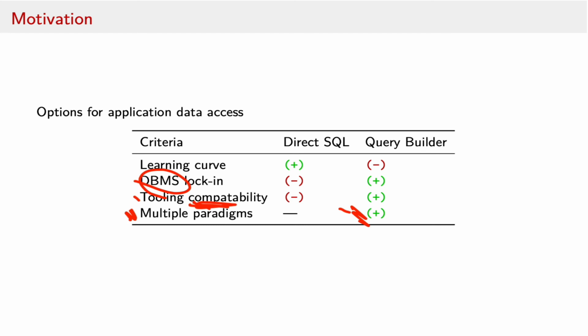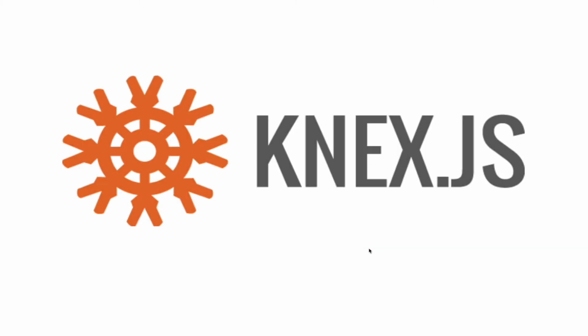You're going to have a lot more variability and flexibility to use different coding paradigms in that query builder context. So some pros and cons you might want to keep in mind for these two approaches. We're going to take the second and look at a query builder here.